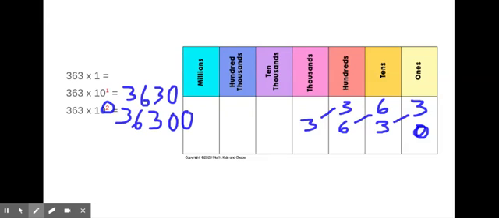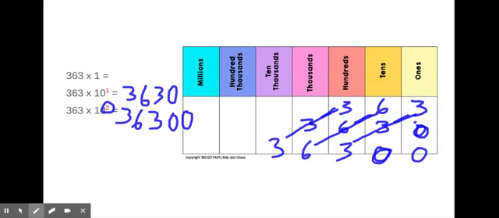So here, if I put this number in my place value chart, I need two zeros and then my 363. Each digit has been moved up two places. The 3 went from my ones to the hundreds, two places. The 6 in my tens place went up two places. And the 3 in my hundreds place went up two places to make room for the two zeros.